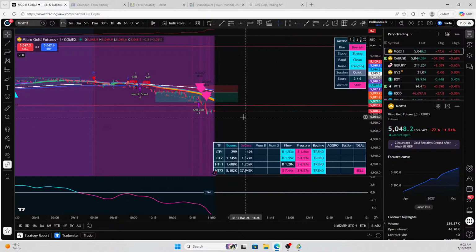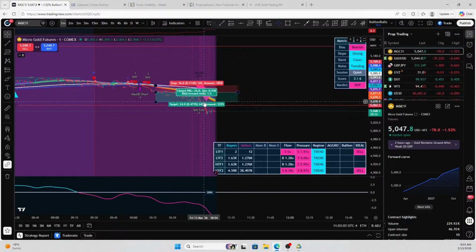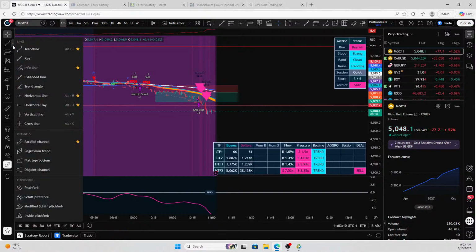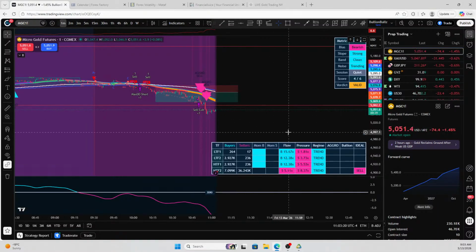Now, another thing that has happened is that with the break of the low, our breakout trading has become valid. Okay? It has broken the previous day low. We can start to look for trades where we will be able to see continuation to the downside.